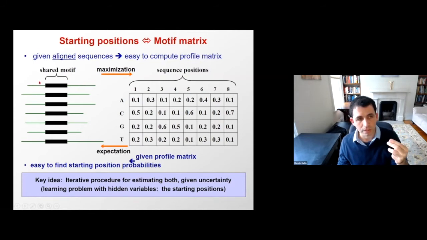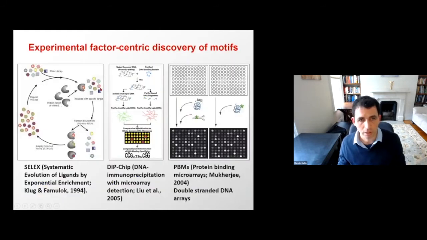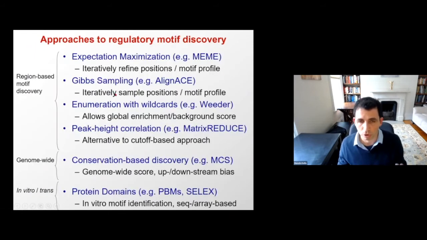And it's saying, okay, if this has a score of 10, and this has a score of 3, and this has a score of 2, I will pick the 10 three times more frequently, but a third of the time I might pick the 3 because it actually has some non-random probability. So I will be sampling from that. That's basically Gibbs sampling, where you're iteratively sampling these positions, and then rebuilding the motif profile from those.